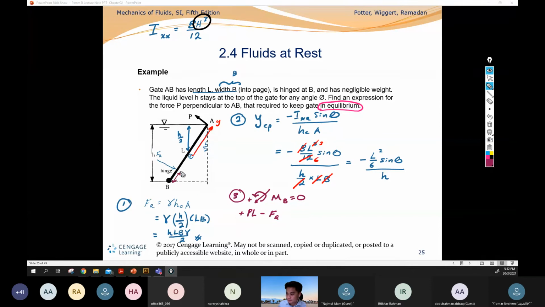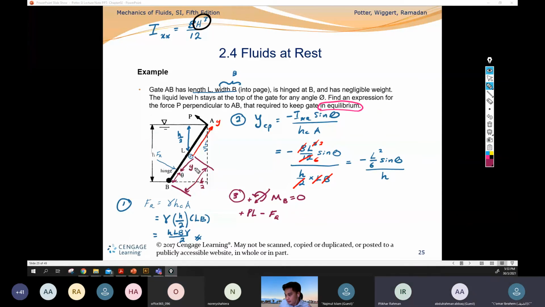What is the value here? L minus L over 4, the centroid. B to the centroid is L over 2. Minus, from the centroid to the F is YCP.